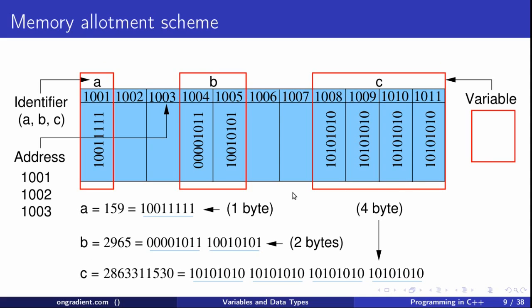In our case, this is the red rectangle. The letter near the variable is the variable identifier. It specifies the name of the variable. Access to variables is realized by means of addresses or identifiers of the variables.